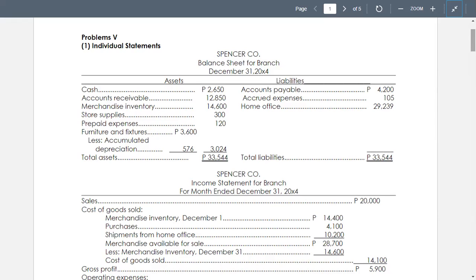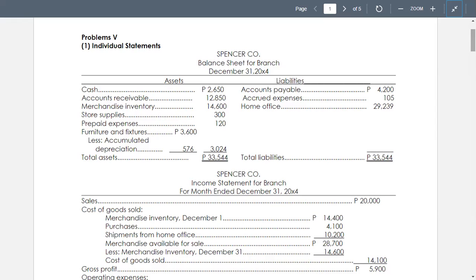Now you post the beginning balance, and then based on your adjustments and elimination entries, you are going to post the corresponding debits and credits. So we have now your total liabilities.